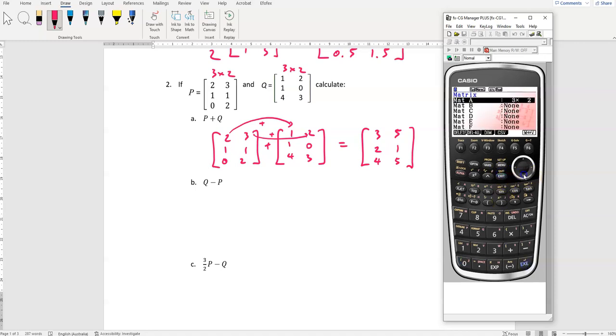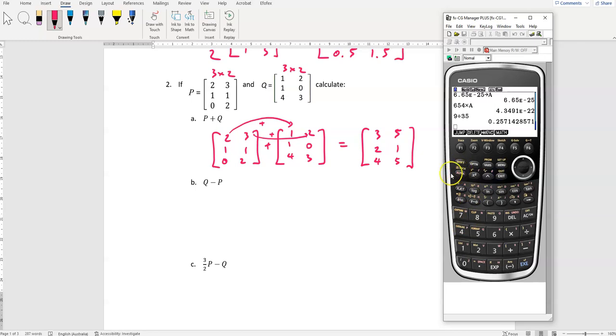So I'm just going to call that matrix A. Matrix B is another 3 by 2. Alright. 1, 2, 1, 0, 4, 3. Now, this next one I'll speed it up.